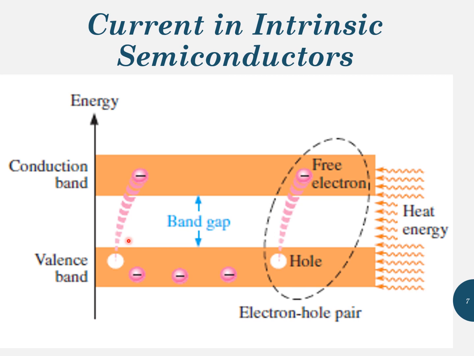In intrinsic semiconductors, the total number of negative charge carriers or free electrons is equal to the total number of positive charge carriers or holes. This is called an electron hole pair, as you can see here.